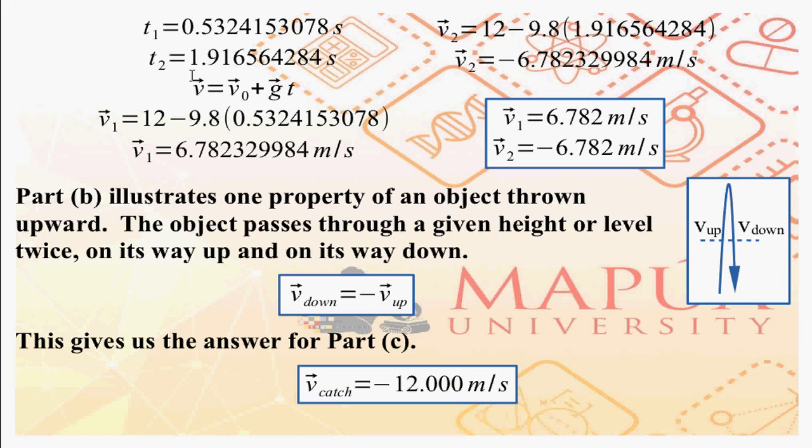If we now look at the equation V is equal to V naught plus GT, we know initial velocity, we know acceleration due to gravity G, and we have two values that we can use for time. The only unknown is final velocity.